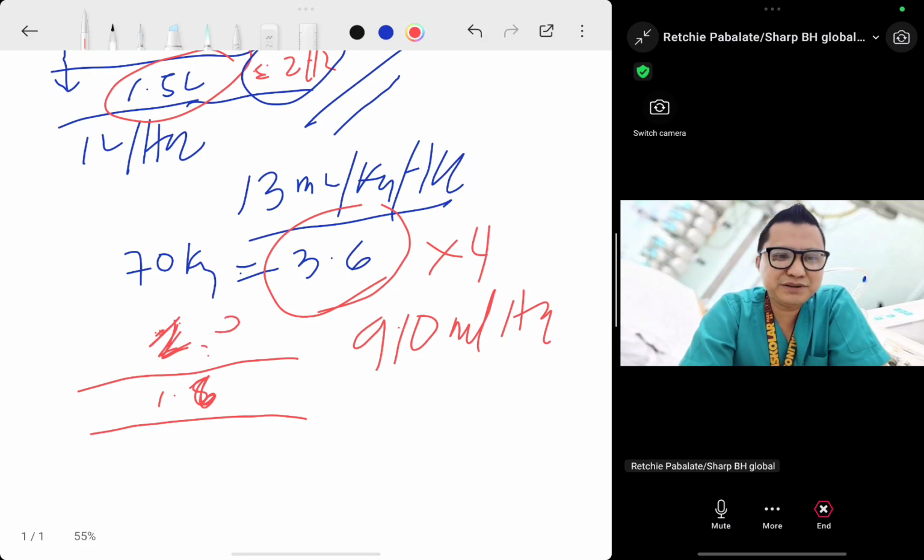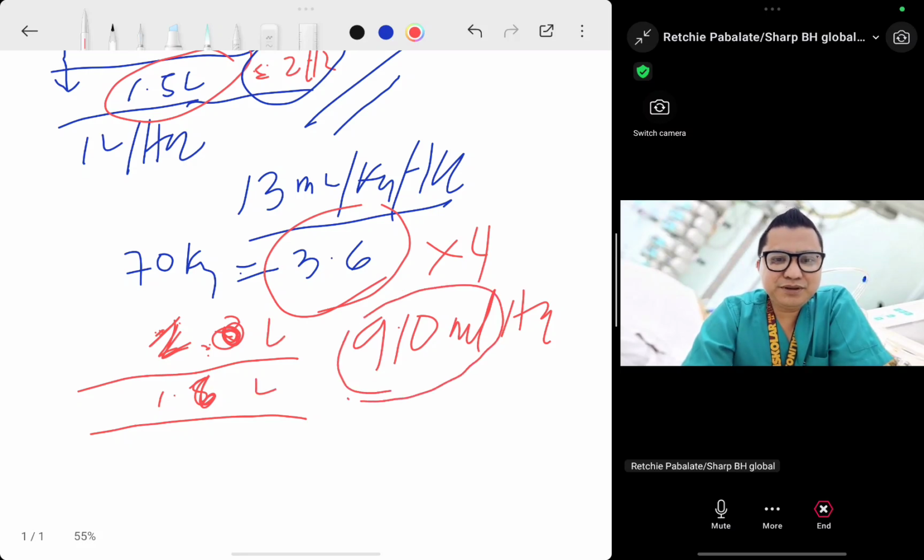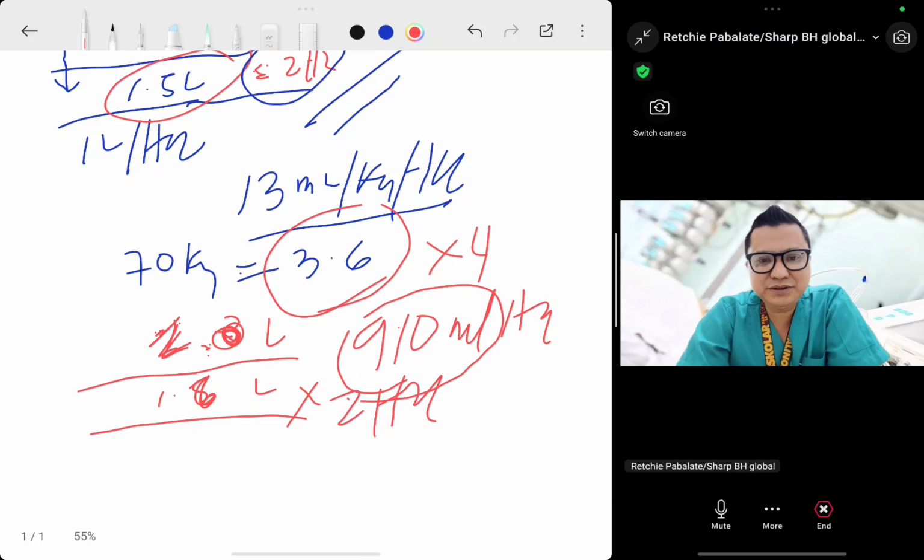I'm sorry for the pen, it's not working well. So if you are going to remove 910 ml per hour, most likely after 2 hours we have already removed the fluid from the intravascular space, and this is already the max UF. Okay? That's the reason why, after 2 hours, the patient will most likely develop hypotension.